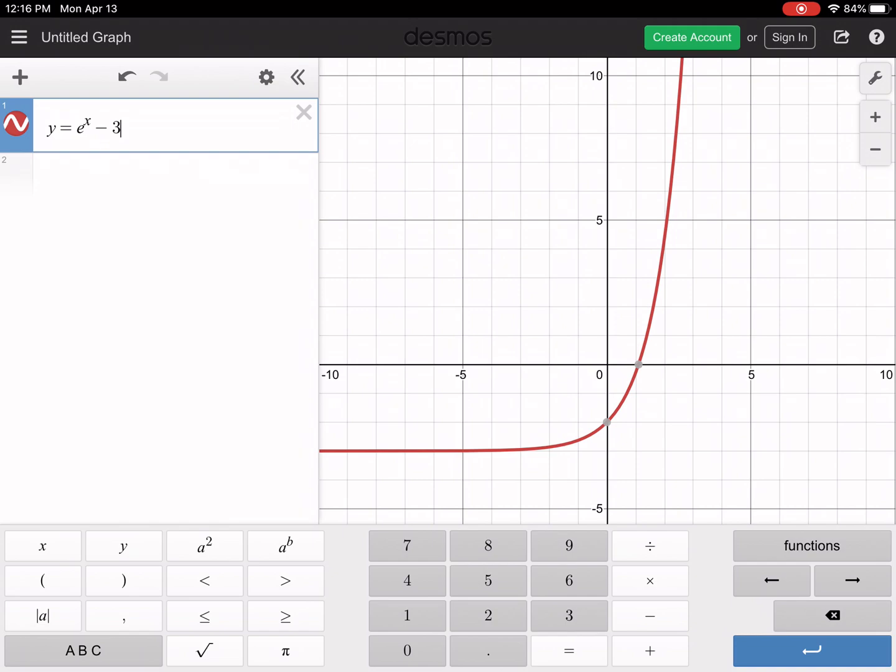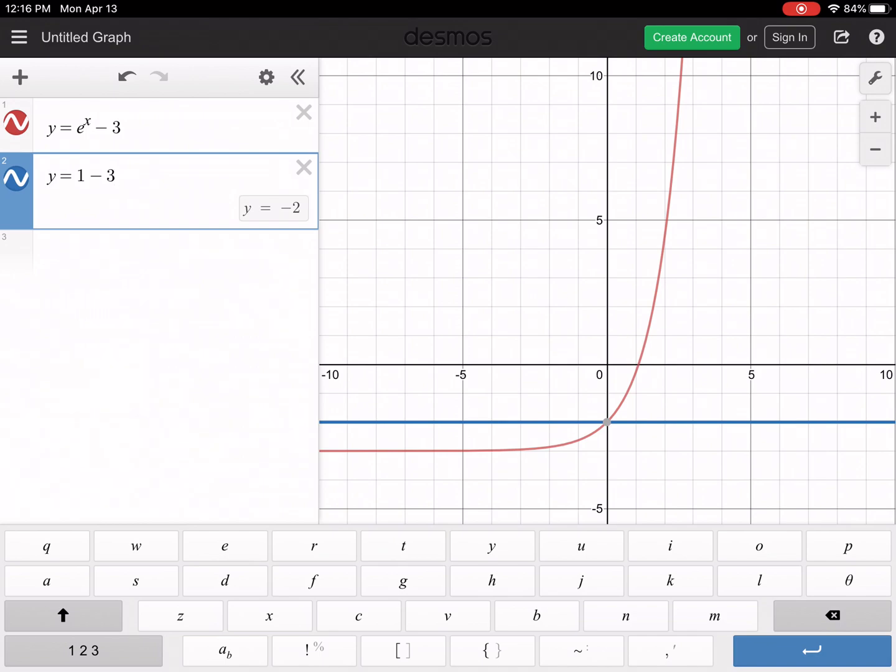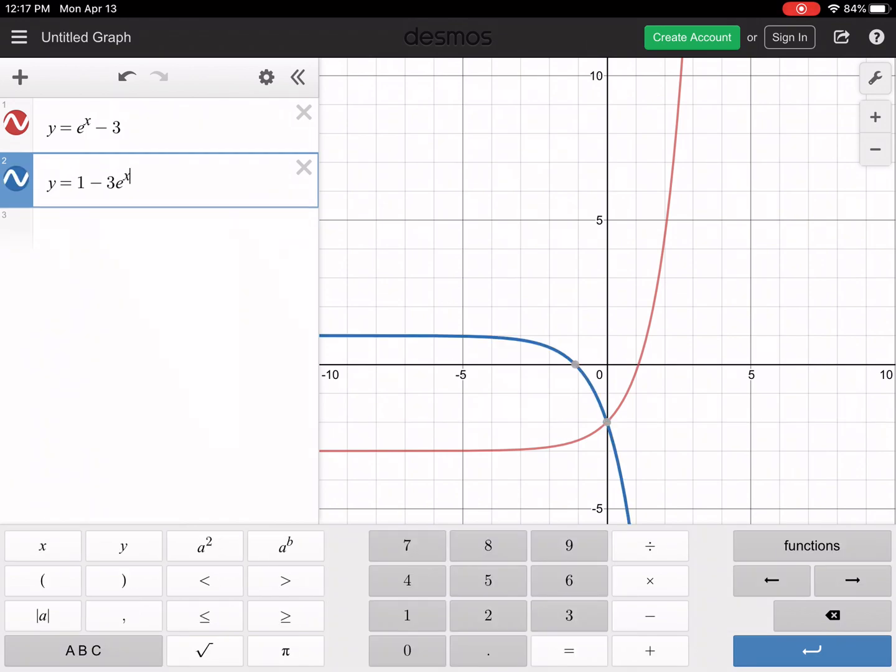What did that do to the function? Oh, it shifted it down 3. Interesting. And then y equals 1 minus 3e to the x. Okay, so that one's a reflection over the x-axis, and it's shifted up 1, and it's stretched by 3.